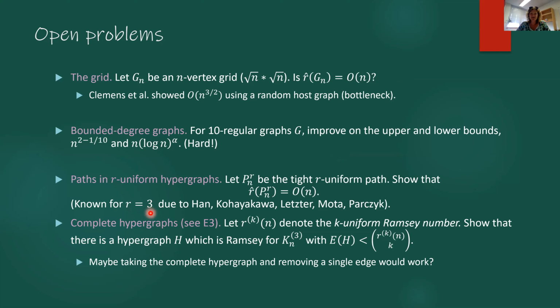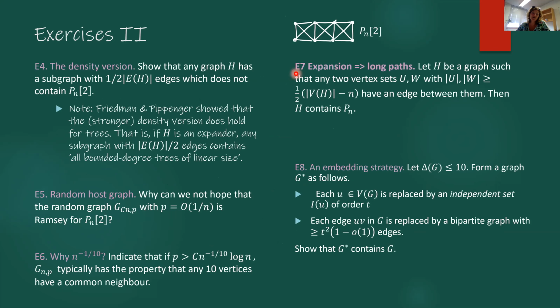Okay, so that was a quick scroll through the open problems. Then we'll have 10 minutes for our last exercise session. Here are the exercises, or alternatively, you can use that time to think about the results that I just said and some of the questions. I'll annotate and choose a subset.